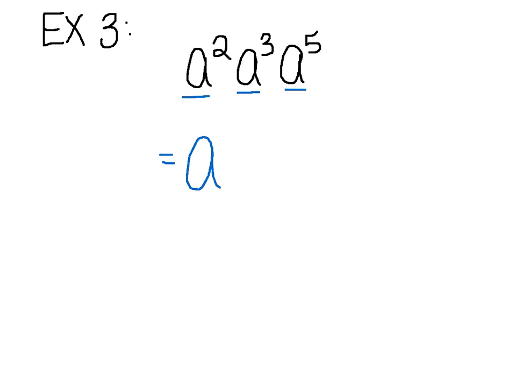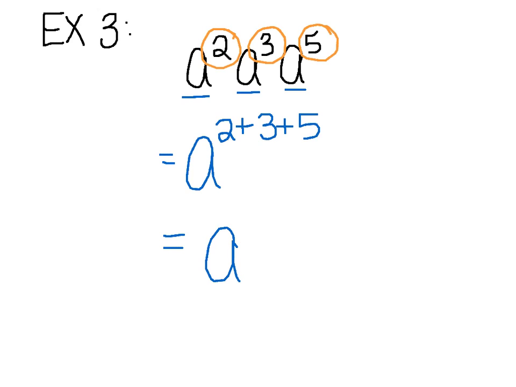Keep the base and add the exponents. So I kept the base and I added all of these exponents here. So what is 2 plus 3 plus 5? A to the 5 plus 5 is 10. So our answer to this example is a to the 10th power.